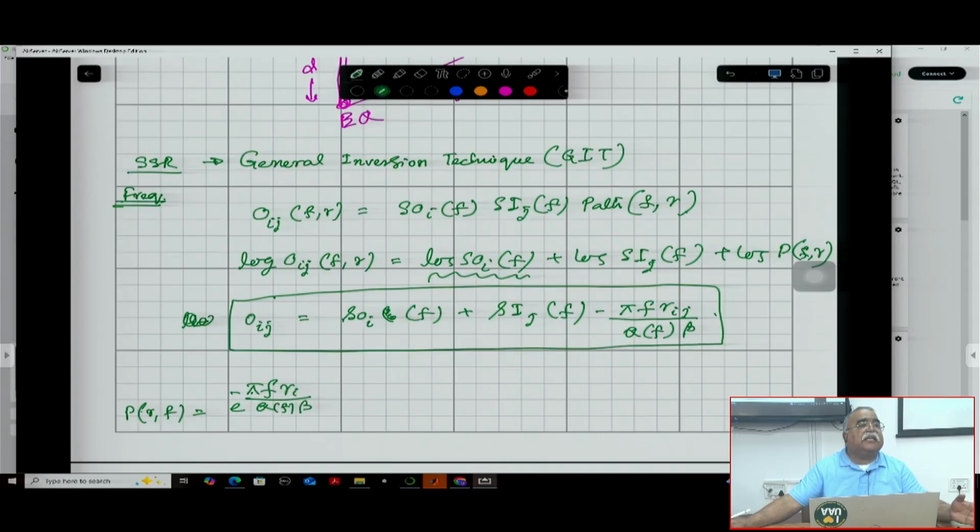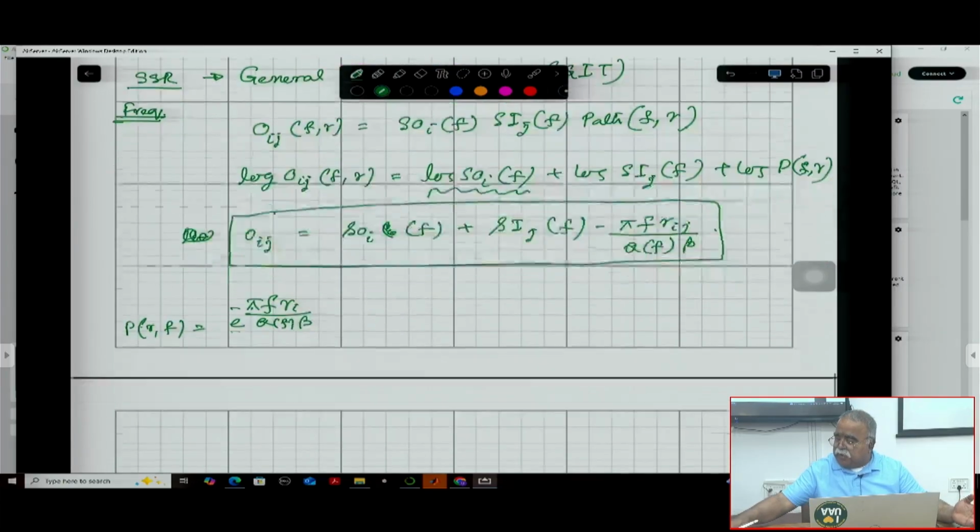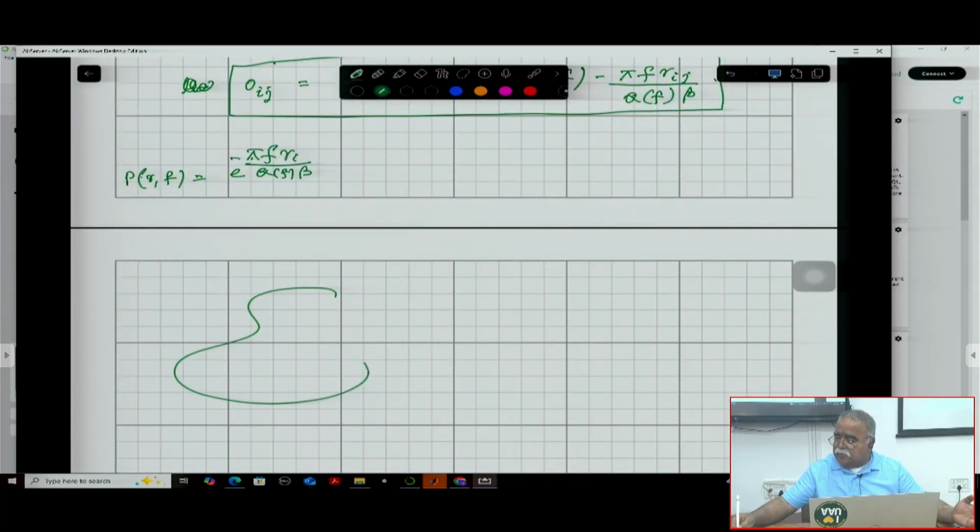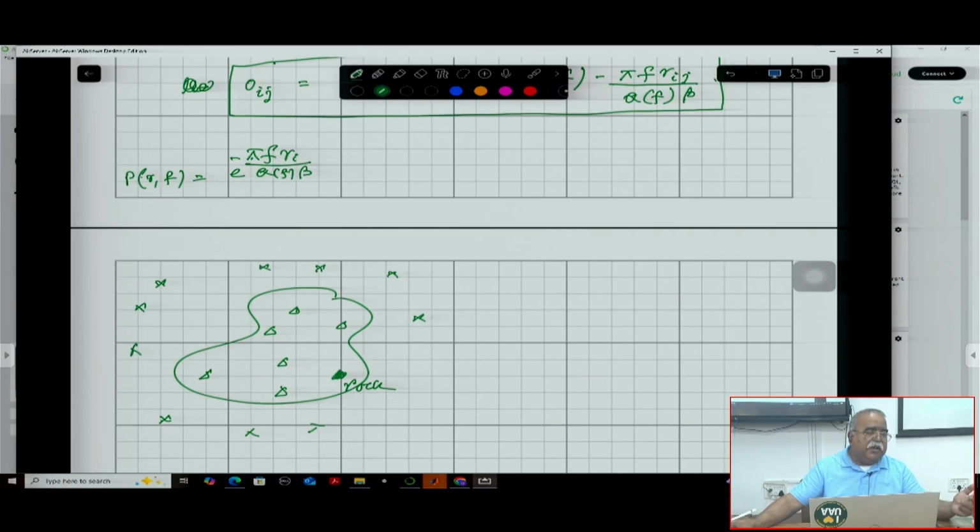So let us see, we have a lot of sources, so that means in a particular site area, we have several sites, and let's say this is your rock site, and then we have a lot of stations which have recorded the earthquakes. Sometimes these are recorded at the site, sometimes they may not have been recorded, that's fine.